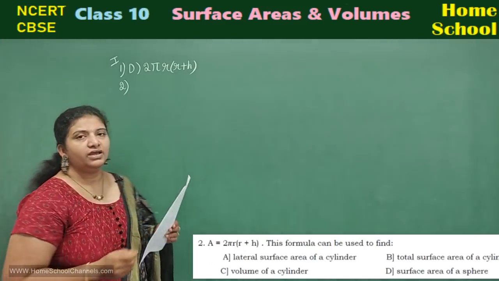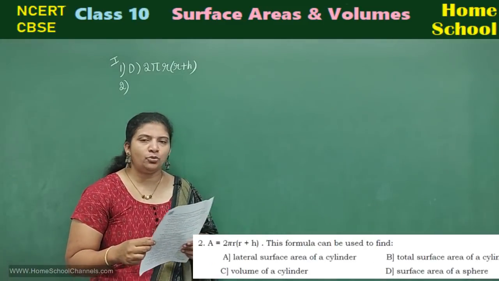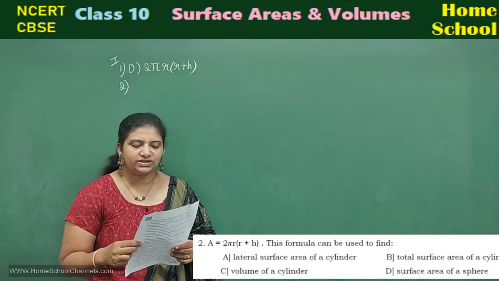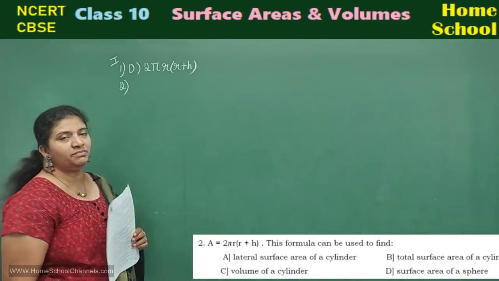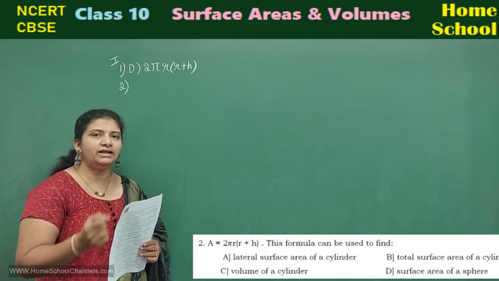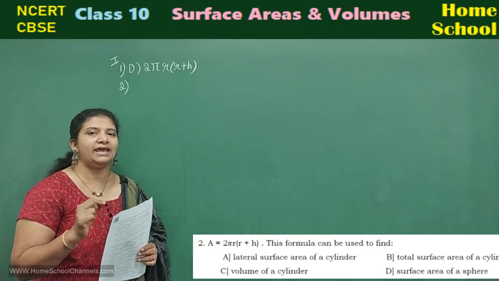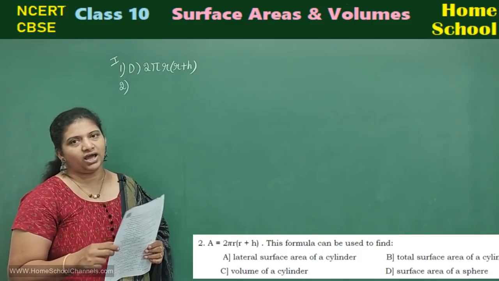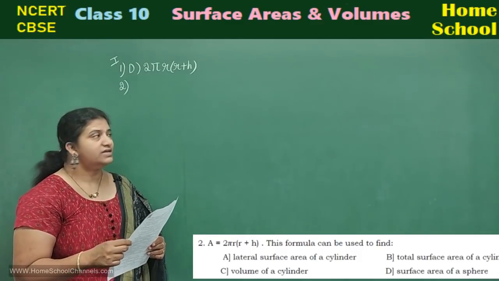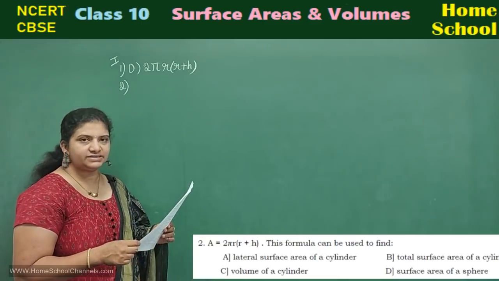Second one, capital A is equal to 2 pi r into r plus h. This formula can be used to find. See, same formula, but they have given capital A. A indicates their area. Which area is 2 pi r into r plus h? Check the options there. Is it A?